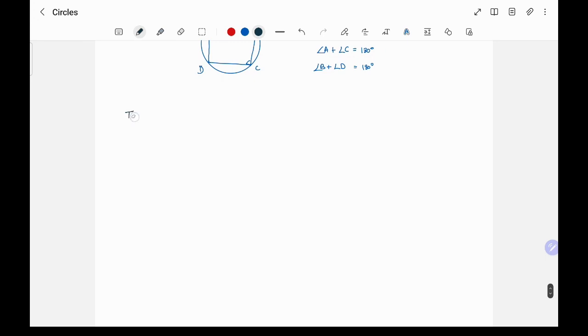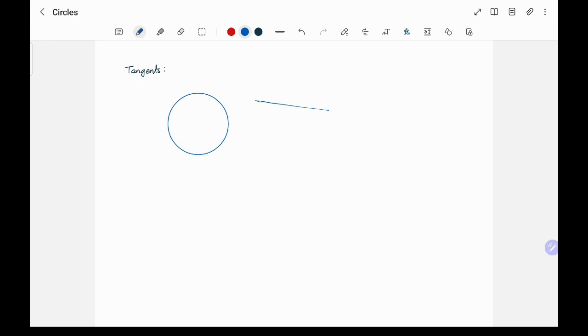So next we will see about tangents. A tangent is nothing but, if you have a circle and a line, the line can interact with the circle in three ways. The first way is it does not pass through or touch the circle.